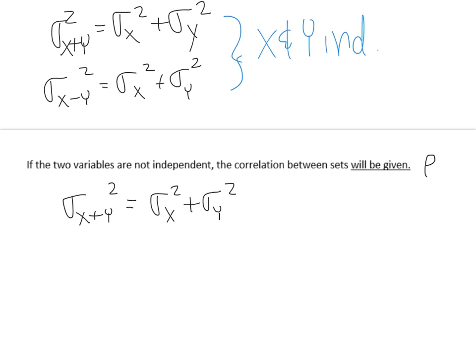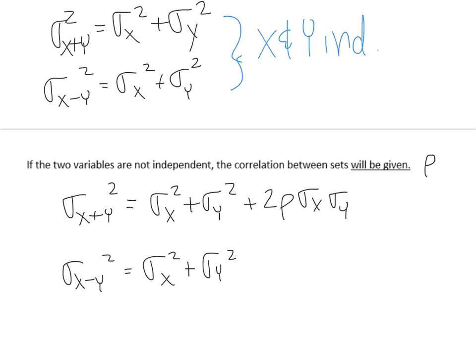But then we have to build in this relationship between x and y, and this is not something that we're really going to go through in class to try to prove, but you're going to take 2 times the rho value times the standard deviation of x times the standard deviation of y. When you do the difference of the random variables, you're going to start out the same way, the variance of x plus the variance of y, but now you will subtract off 2 rho sigma x, sigma y.